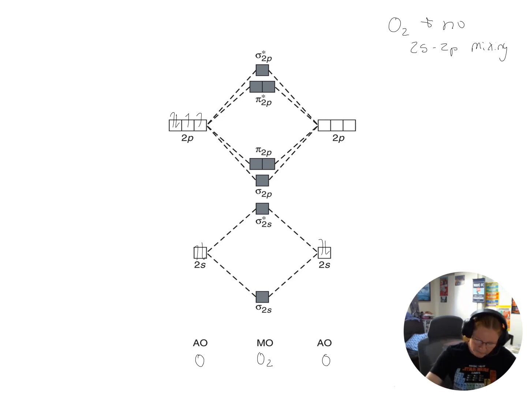Same thing over here. For my sigma 2s, I have 4 electrons. For my 2p, I have 8 electrons, so I'm going to go 1, 2, 3, 4, 5, 6, 7, 8, because remember, we put in single electrons before we spin pair. Our bond order.